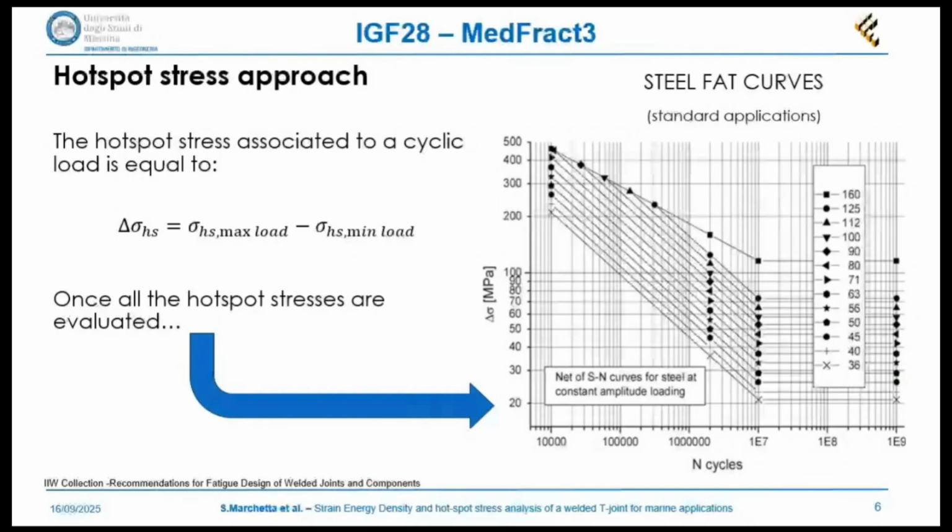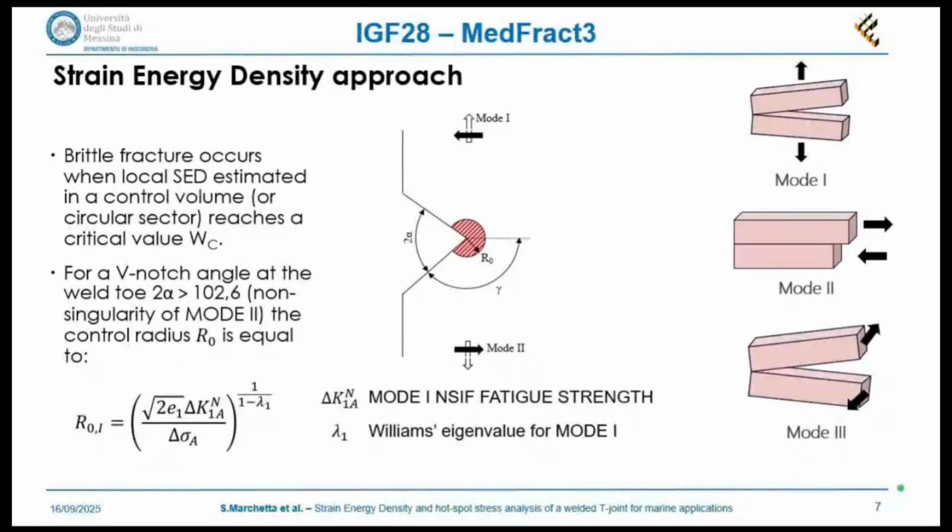So moving on to the second approach, that is the strain energy density approach. I think Dr. Fodi explained really well how it works. I repeat: this approach is based on the idea that brittle failure will occur in a small control volume with a certain radius when the strain energy density associated to that control volume reaches a critical value.